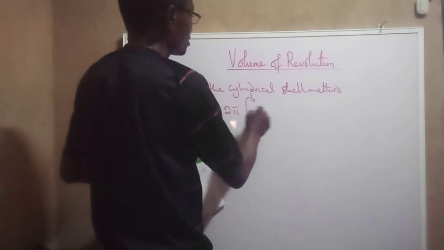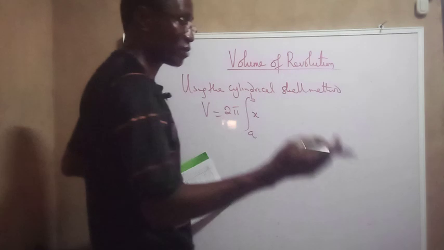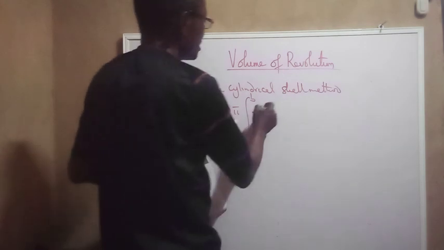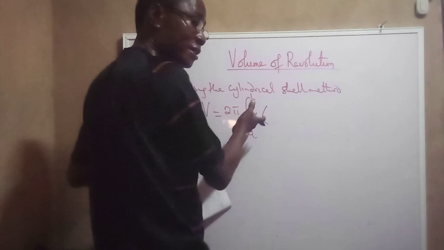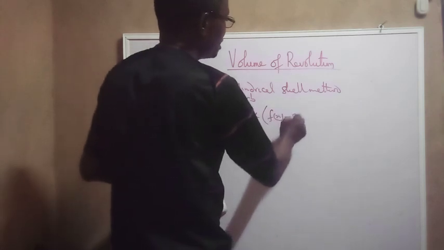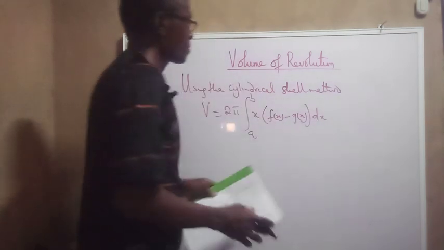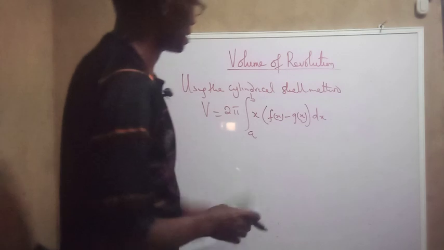Because we have two functions now, x is the distance of that particular object from the y-axis, which represents the radius. Then f of x minus g of x dx.